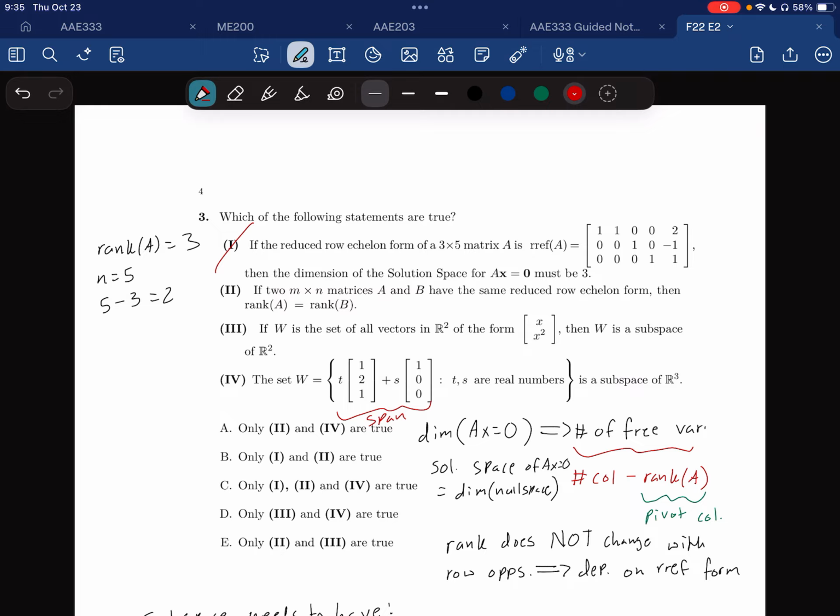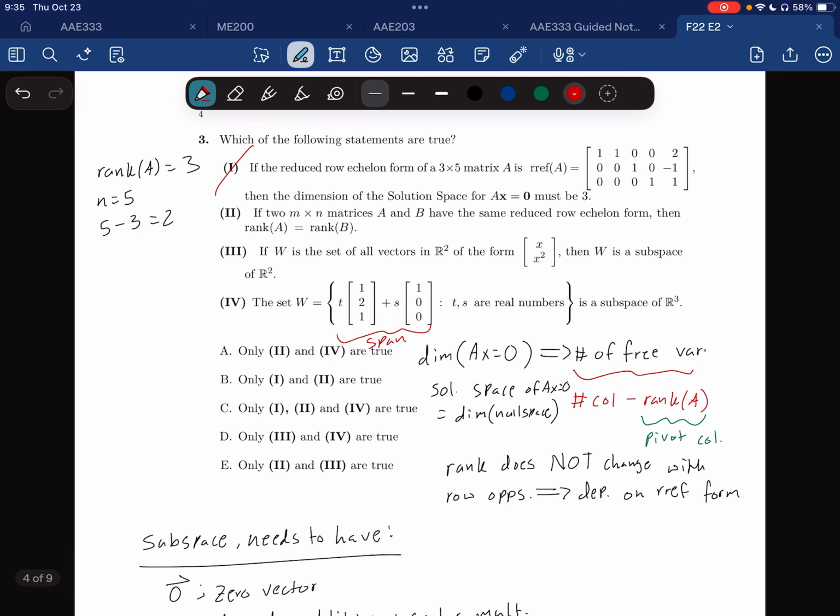Going on to 2. If two m by n matrices A and B have the same reduced row echelon form, then rank A is equal to rank B. This is true. The rank of a matrix is defined by as many pivot positions as it has in row echelon form. Rank does not change with row ops. It's dependent on the REF.